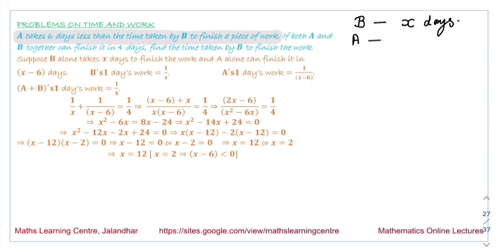Now together they can finish the work in 4 days. So if they both are working together, then the part of the work they will do in 1 day is 1 by 4. We are saying total 4 days they will take to complete the work.